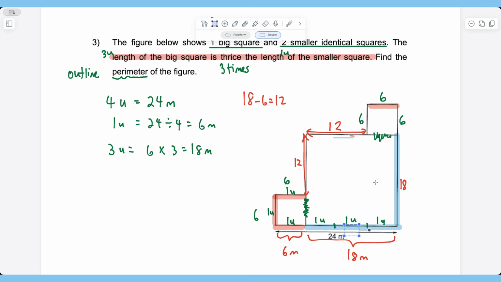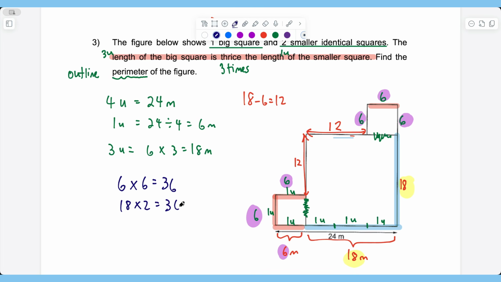We just need to add everything together. We have 1, 2, 3, 4, 5, 6. We have 6 sides that are 6 meters. So 6 sides that are 6 meters gives us 36. Then we have 2 sides which are 18, so that will be 18 times 2.